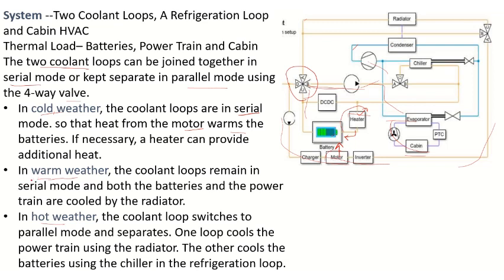And in warm weather conditions, meaning lightly heated conditions, the coolant loops remain in the same serial mode, and both the batteries and the powertrain are cooled by the radiator. So now it is lightly heated, so we have to cool the components: the battery, the DC to DC converter, charger, motor, and inverter.